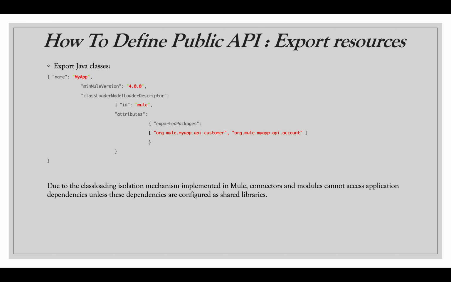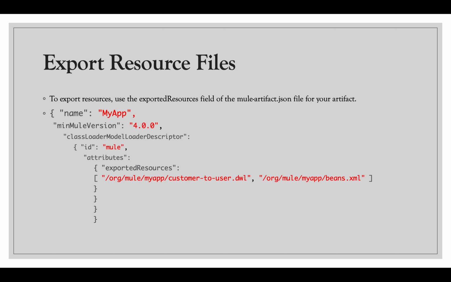Similar to the Java classes, which I have defined over here, basically the Java packages, we can have flows or DWL files as well, but there is a slight difference in the representation. To export the resources, we have to use this particular tag, exportedResources. The rest of the thing will remain the same.